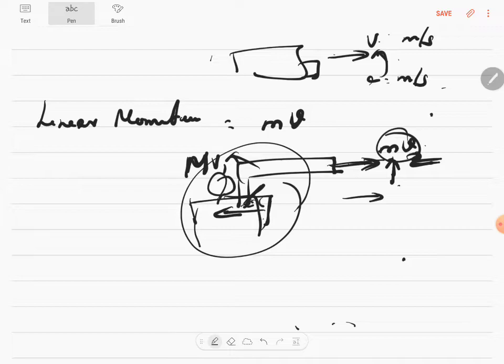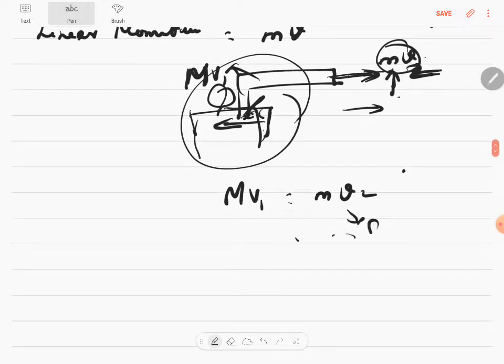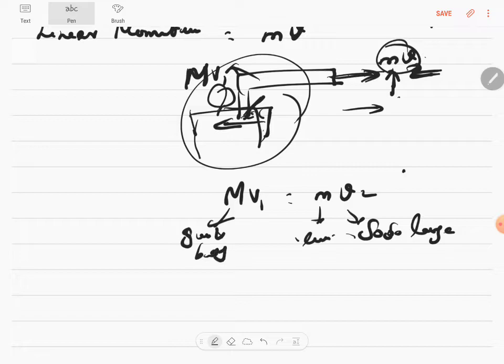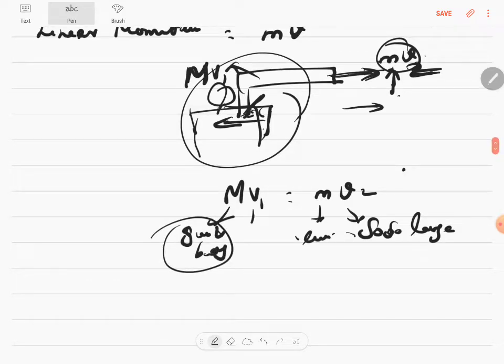You should know that M v1 is equal to m v2, because the velocity of the bullet is so large that the momentum is high even though the mass is less. Whereas here the mass of the gun and the body together is more, so the velocity will be less.